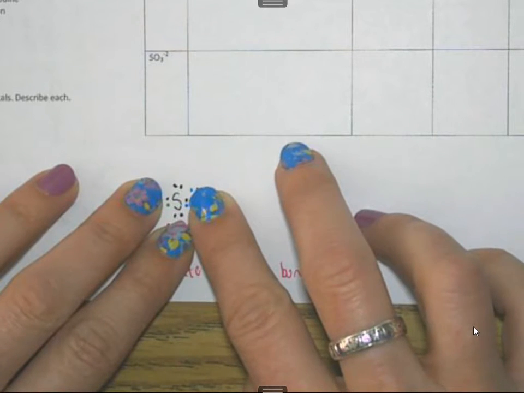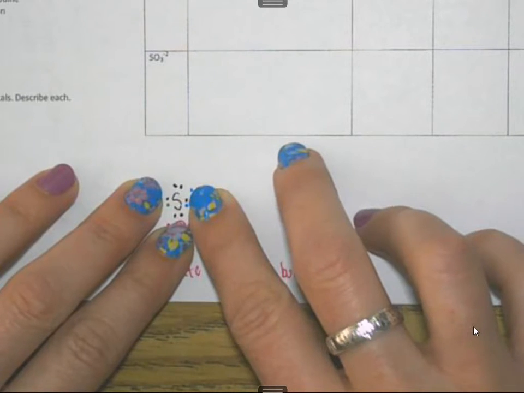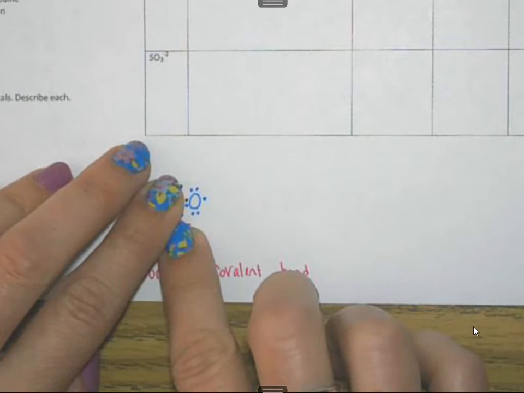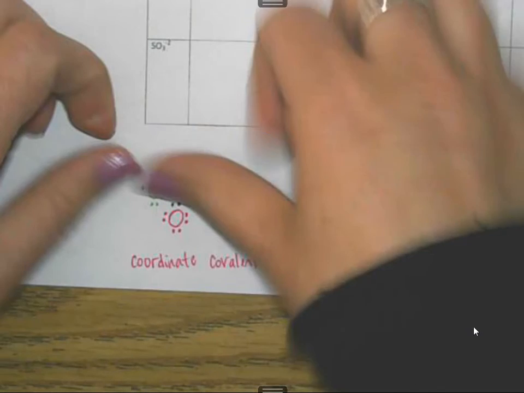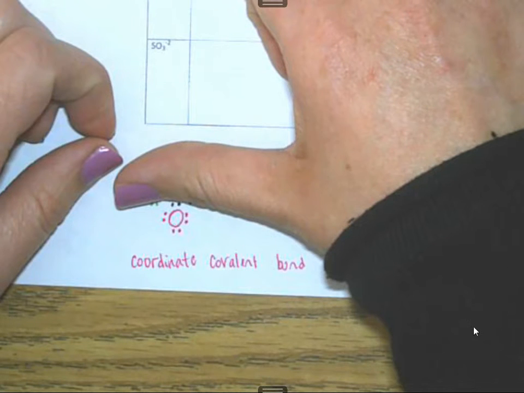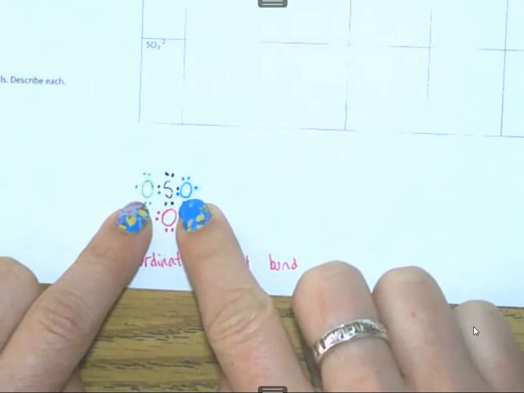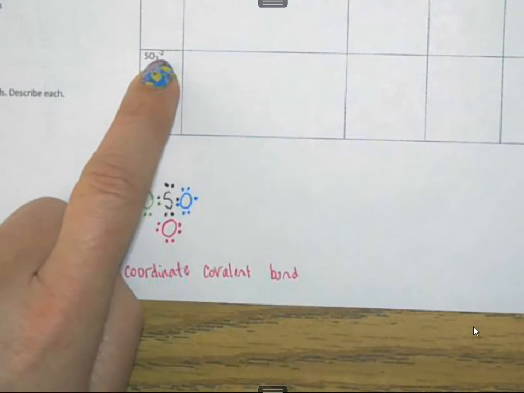I'm not counting the one that's up here at the top. 8. It's got 8. This oxygen over here has 7. It needs 1 more. And the oxygen down here at the bottom has 8. I have 2 unhappy customers right here. But there's good news about this one. What does it have? A -2 charge.